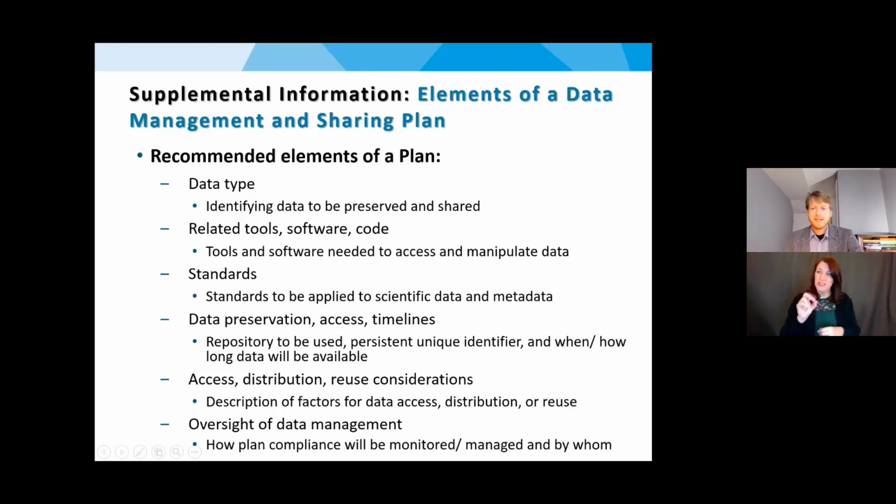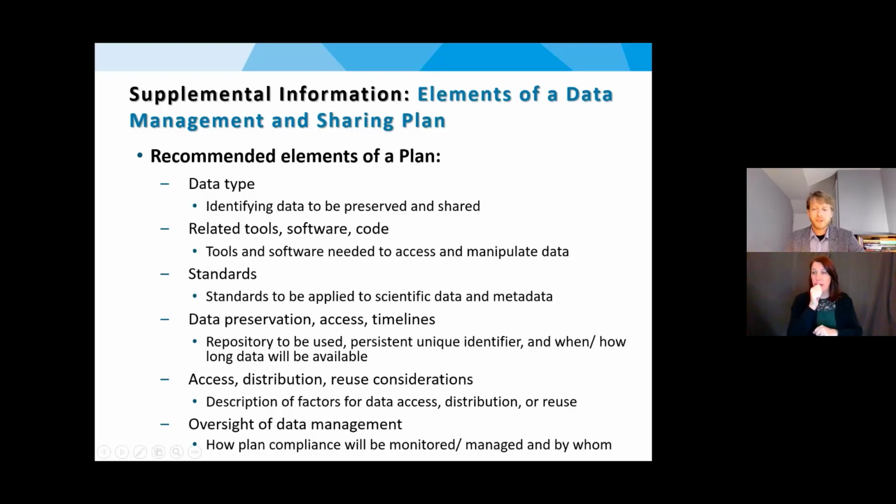The fifth element should describe the access, distribution, and reuse considerations, including any factors that might limit data access or availability to some degree, such as the informed consent or the need to protect research participant privacy.